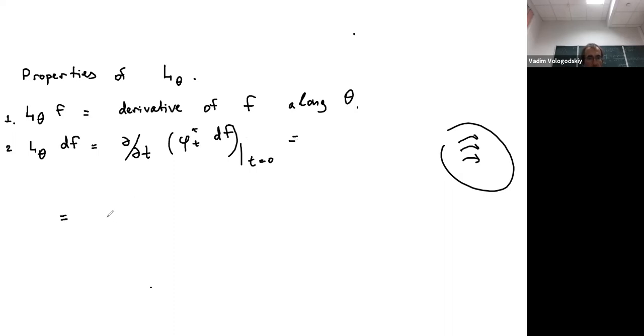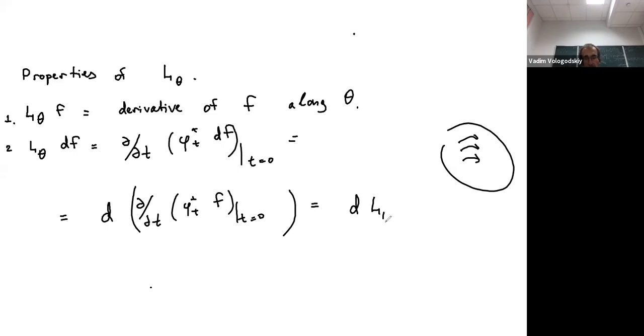So I will write it as follows. It's d of d over dt of phi upper star t f, then you take t equals 0, and then you take the differential of this. So anyway, this is d of L theta f. So you simply differentiate the function f along a vector field and then take the differential of that.